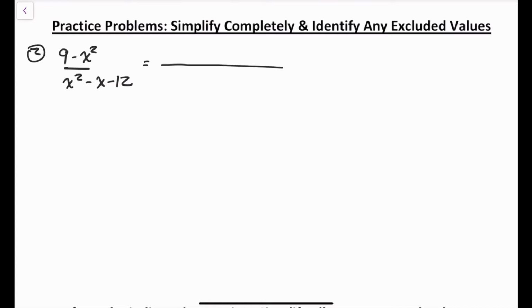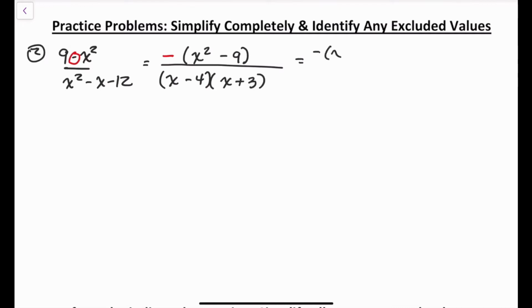This one's a little tricky because we have 9 minus x squared. So what do we do with that? Well, we can factor out the negative, and that allows us to switch our variable and our constant around. And what do you bet? That's going to cancel out with something on the bottom.